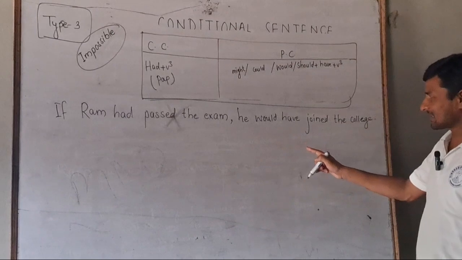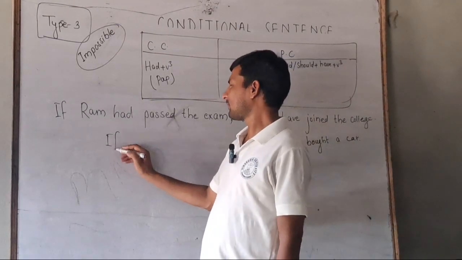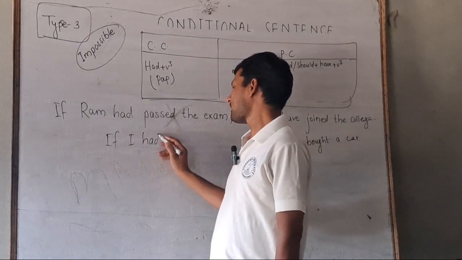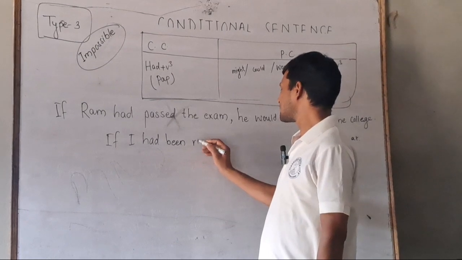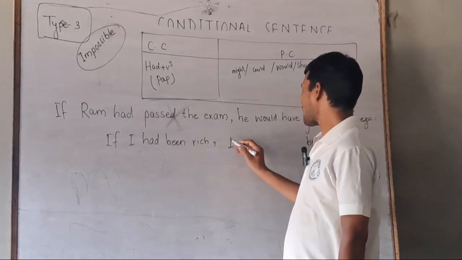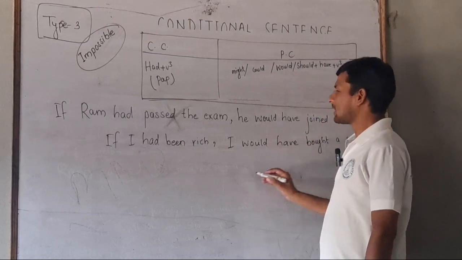If Ram had passed the exam, he would have bought a car also, you can write. If I had been rich, I would have bought a car.